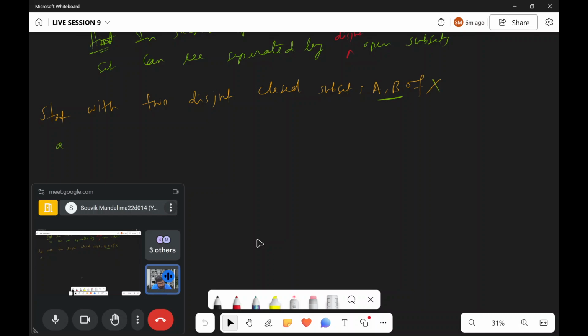Now choose a in A. Now by the hint, there exist open sets UA and VA containing a and B respectively, such that UA intersection VA is empty. This is possible always. Correct.